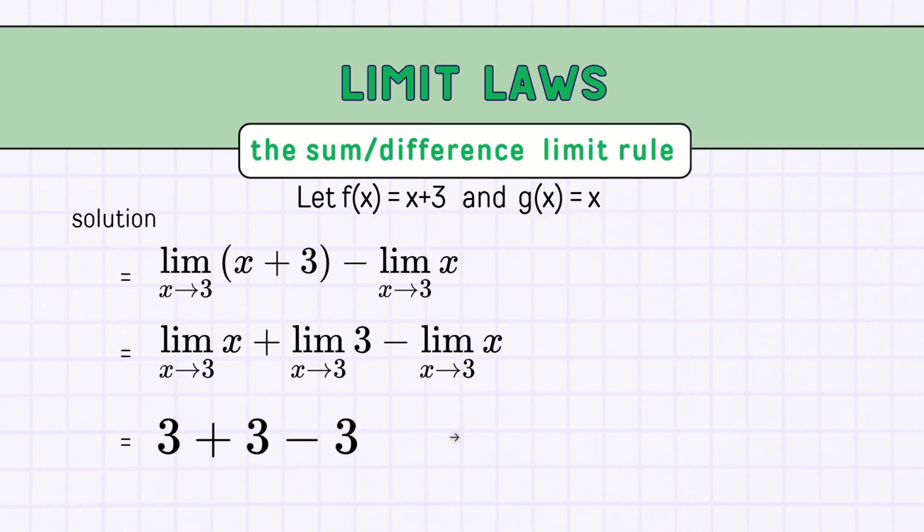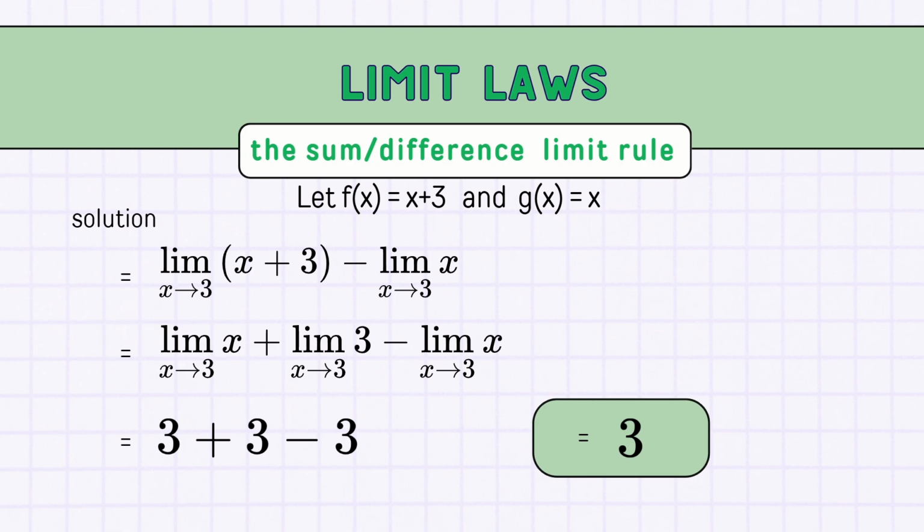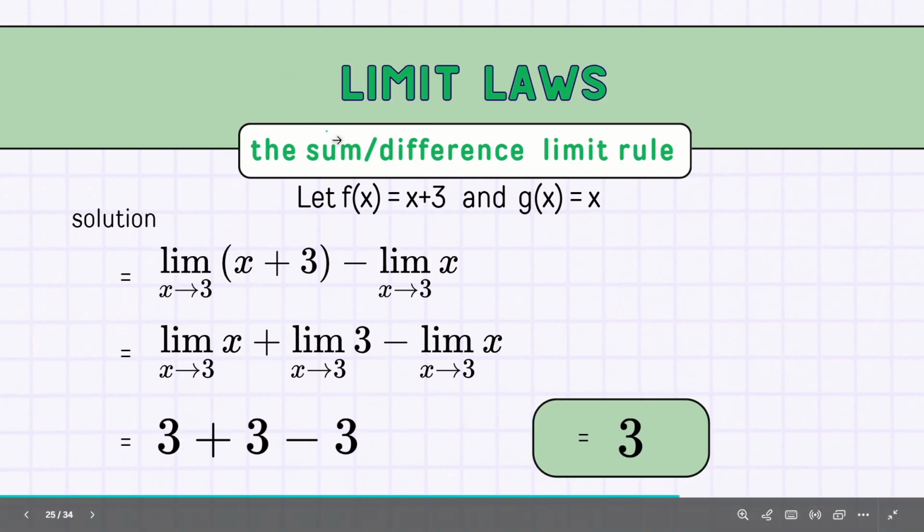So we have 3 plus 3 minus 3, and that will be 3. So that's how the sum and difference limit rule works. Keep it in mind, always look for the sign. If it's positive, use the sum. If it's negative, use the difference.